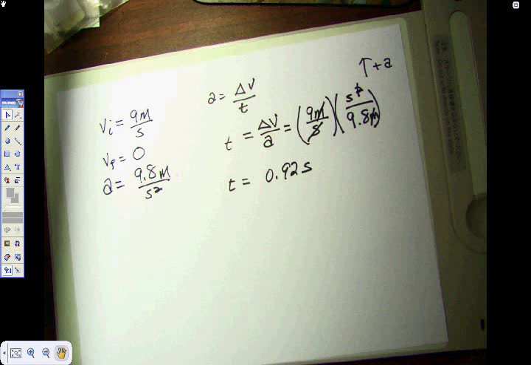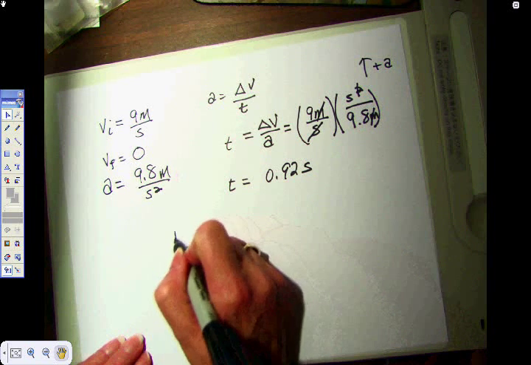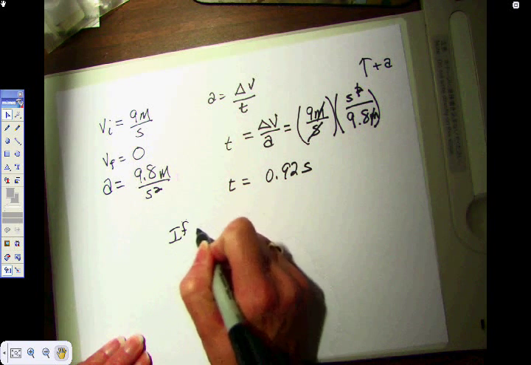Do y'all understand that? Unless you're specifically working a problem where somebody wants to know that you understand significant figures, you would have been fine by using 10. So if you would have used the number 10 for acceleration, what number do you get?